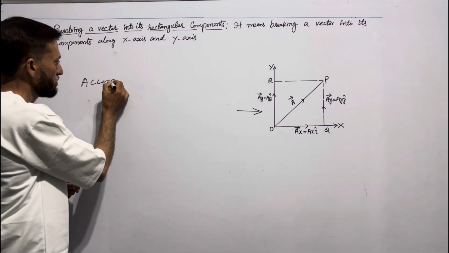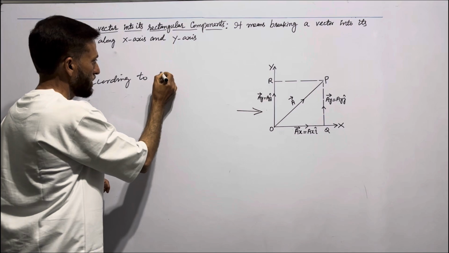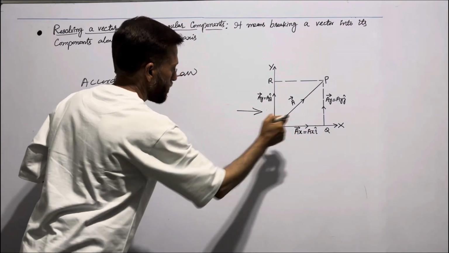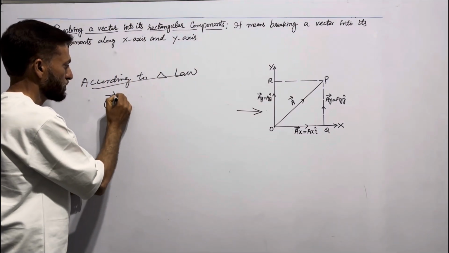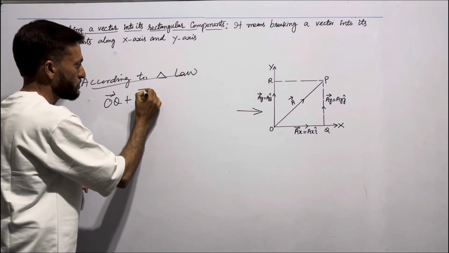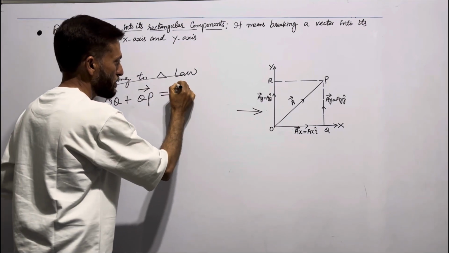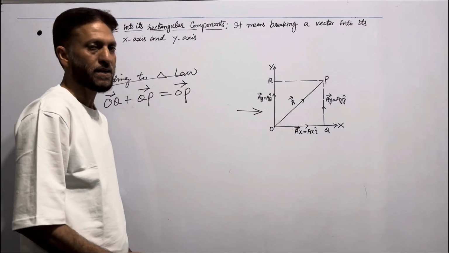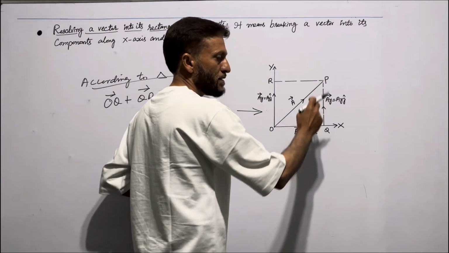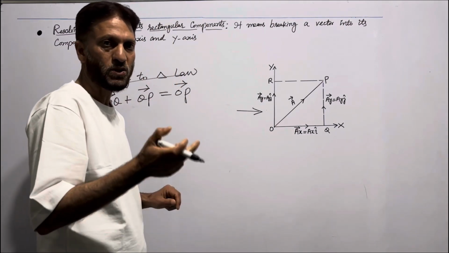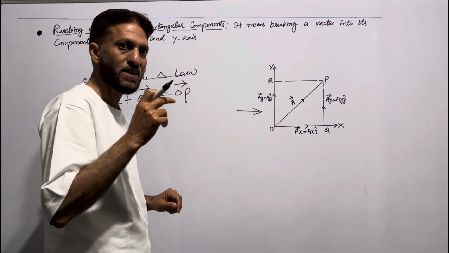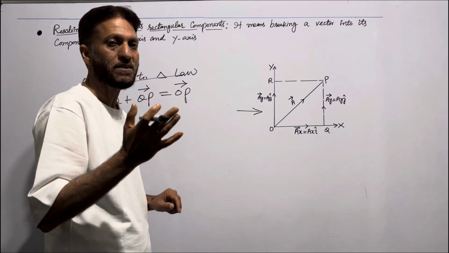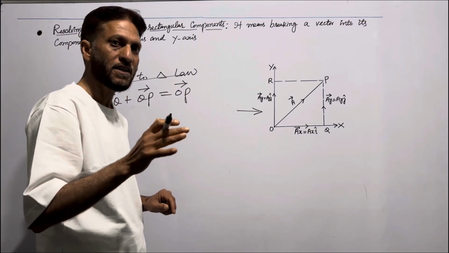According to triangle law of addition of vectors, we have OQ plus QP equals to OP, because according to triangle law of addition of vectors, if two sides of a triangle represent two vectors both in magnitude and direction in the same order, then the third side will represent their resultant, that is their sum, but in reverse order.